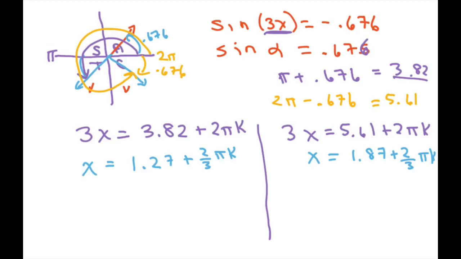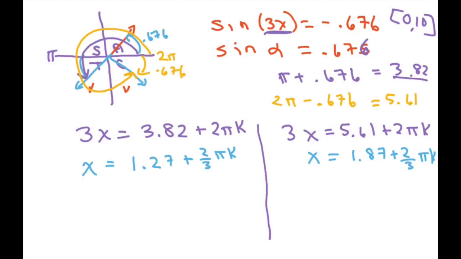All right, and don't forget, our interval we want to solve on is from 0 to 10. So all you're going to do is let k equal 0 and just keep adding 2/3 pi to it, which, remember, pi is 3.14.